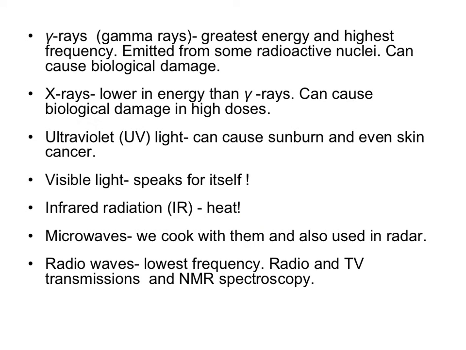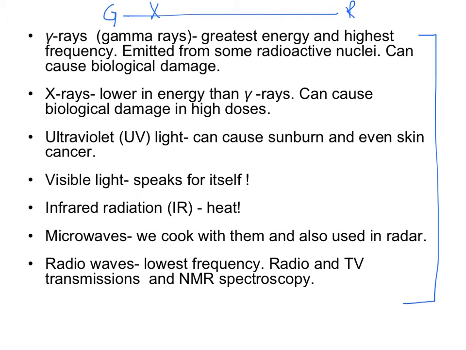Okay, so lots of words, basically to give you an idea of what's where. The gamma rays, like we had discussed in Gen Chem 1, are the high energy ones, because you're going from radio to gamma, and here is where you have the X-rays, here is where you have the ultraviolet, visible, IR, and microwaves.